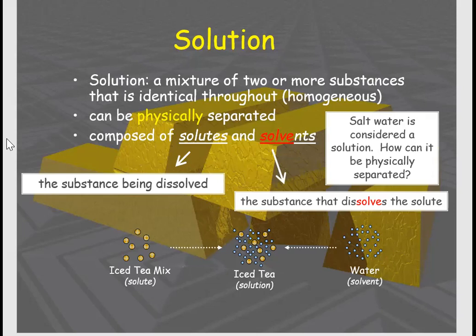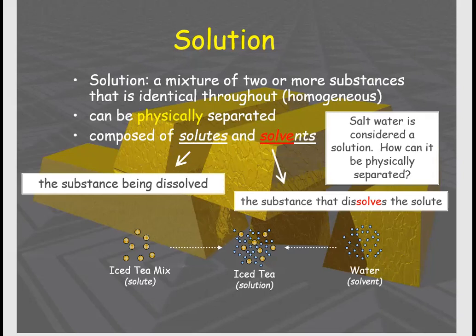Here is another picture. We have the iced tea mix, which is the solute, and the iced tea is the solution. Then we have the water as the solvent. If you mix the water with the iced tea mix, it will become iced tea, and iced tea is a solution, right?